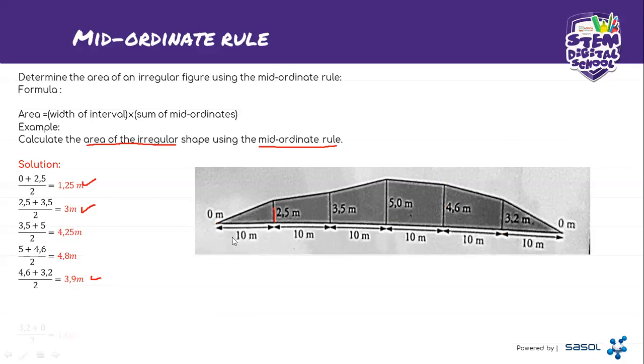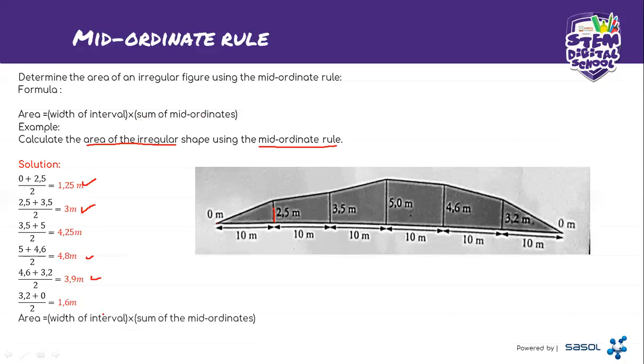And the last one is 3,2 plus 0, divided by 2, which gives 1,6 meter. Those are the mid-ordinates, right? We determined them because the formula says the sum of all mid-ordinates, so we are going to add all of them.